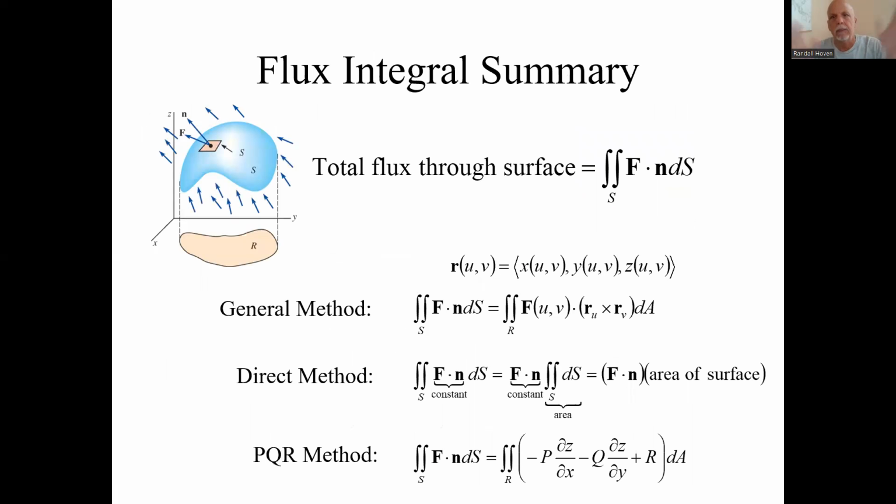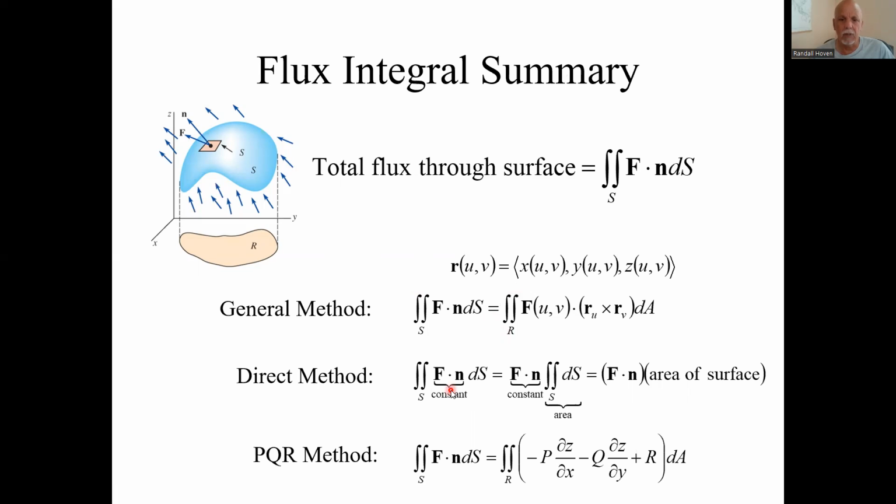So that finishes the flux integral and the surface integrals as well. The only real surface integral we covered in depth was the flux integral. We talked about what that means earlier. Here is the definition of it, and here were the three methods that I taught in my class to do that. Here's the general method.